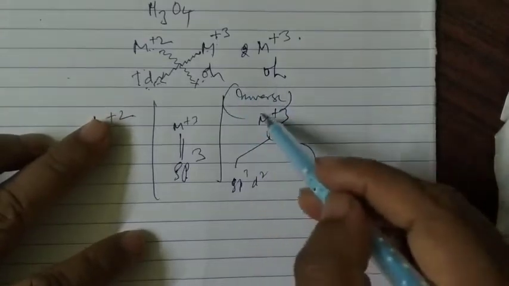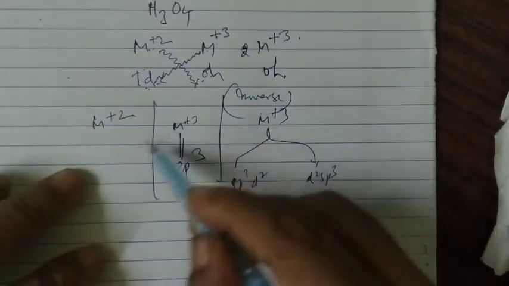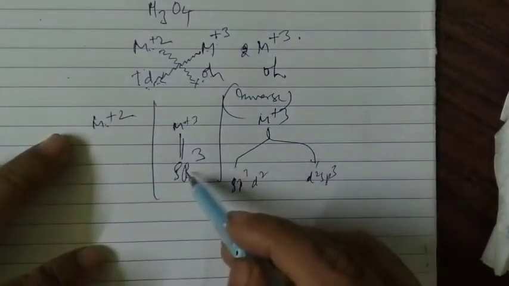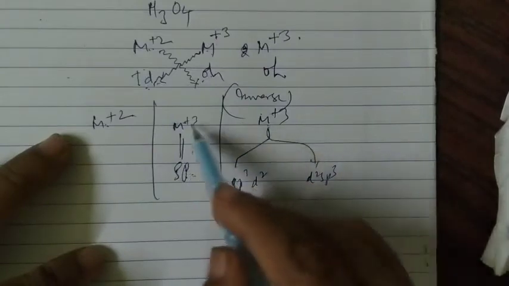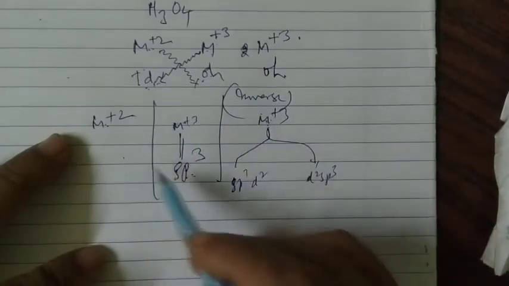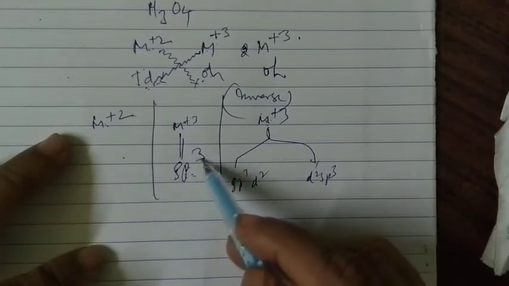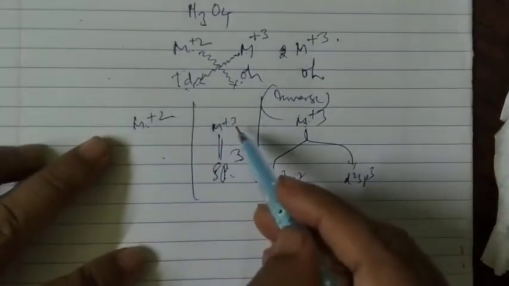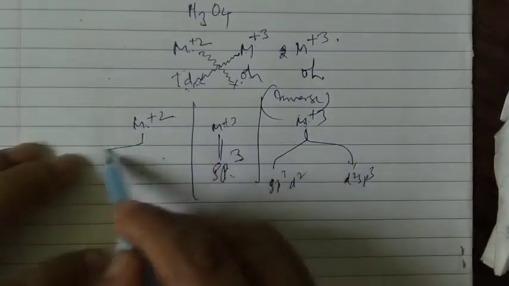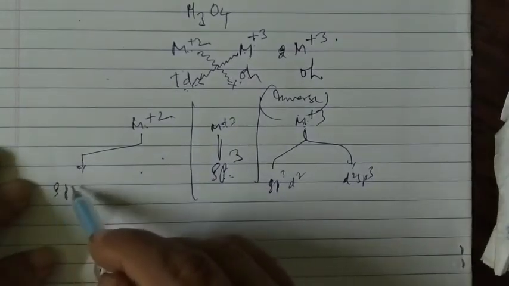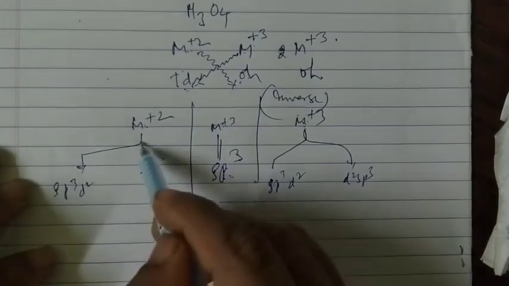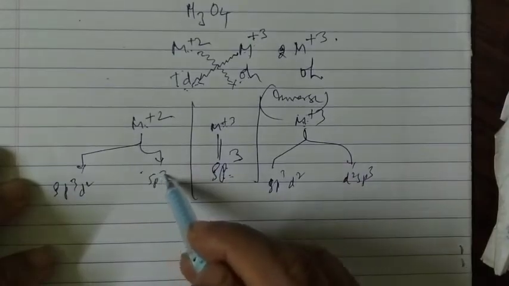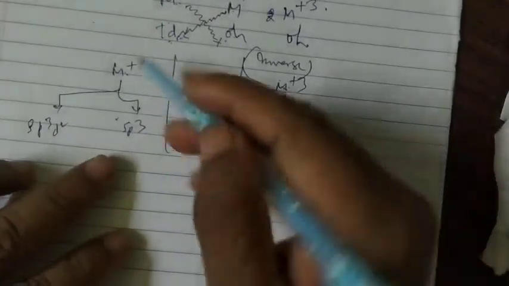But one of the M+3 has been introduced into the tetrahedral site, so it may have sp3 hybridization. Similarly, since one has skipped here, there may be two types of hybridization, sp3d2 and also sp3. So mixing will be there.